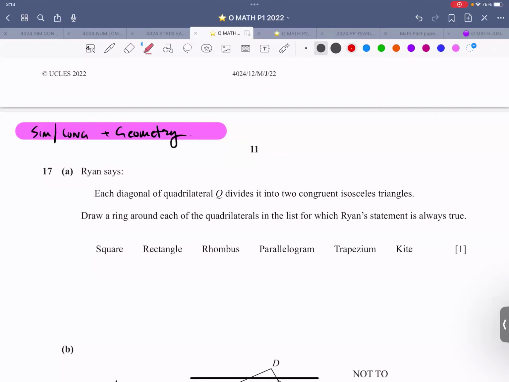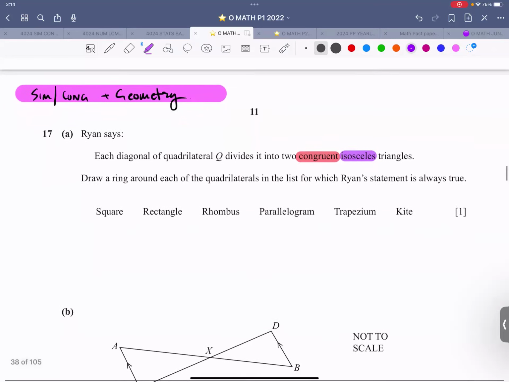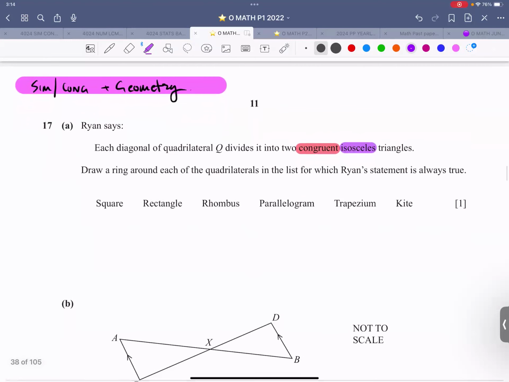Read it again. Not only do they have to be congruent, they have to be isosceles also. That means two sides should be equal. Draw a ring around each of the quadrilaterals which shows this.